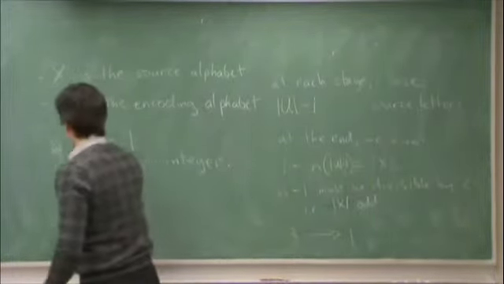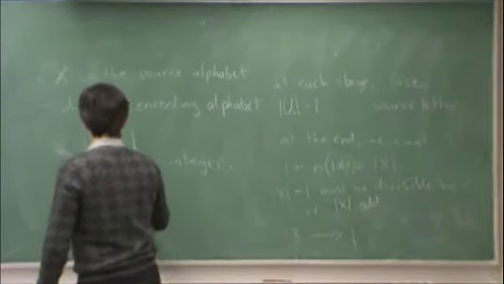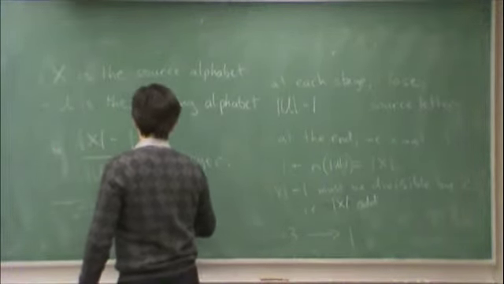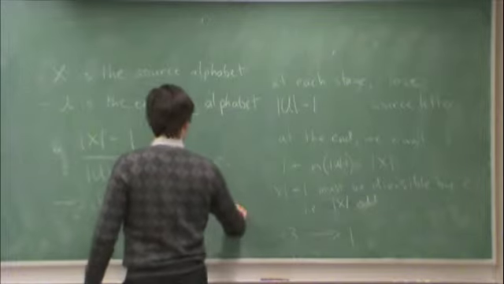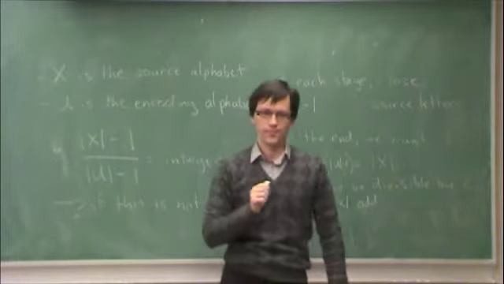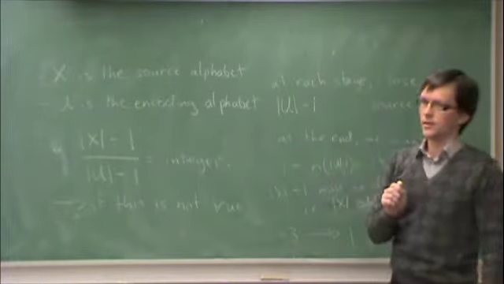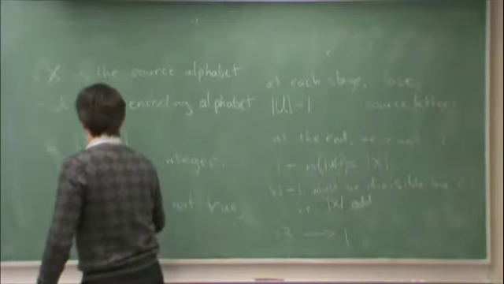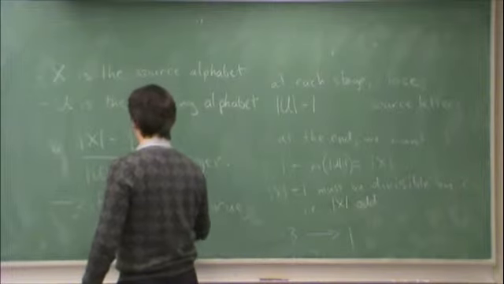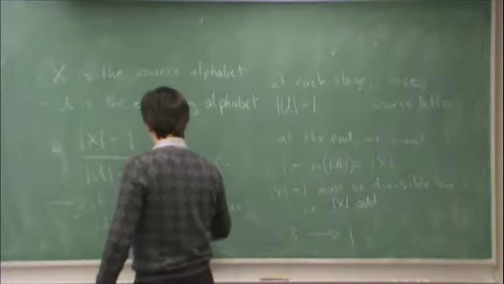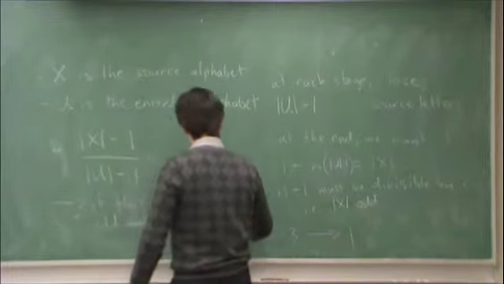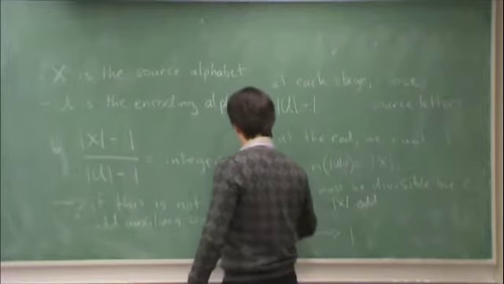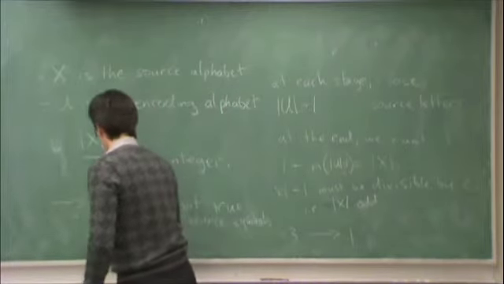If this is not true, what should I do? Add auxiliary source symbols with probability 0.